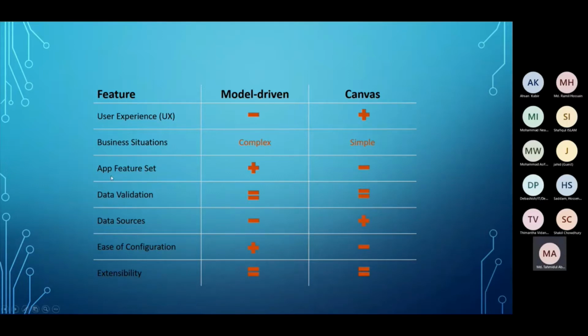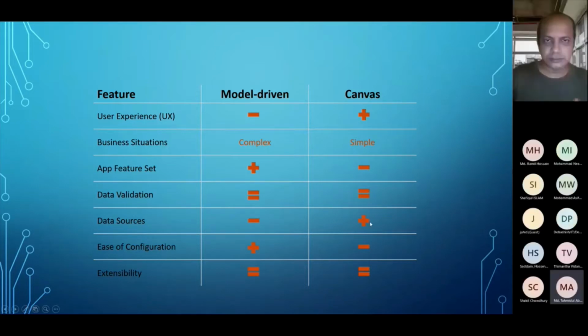Next one is app feature set. App feature set for model-driven is plus, but for Canvas it is a negative. Data validation, we can do both ways. Data source, here is a negative for model-driven, since we are already selecting the specific data source before creating an app, right? So adding a different data source, we have to go through this complexity to manage the business situation. But in a Canvas app, we are adding things one by one, so we can add data sources easily and manage them.